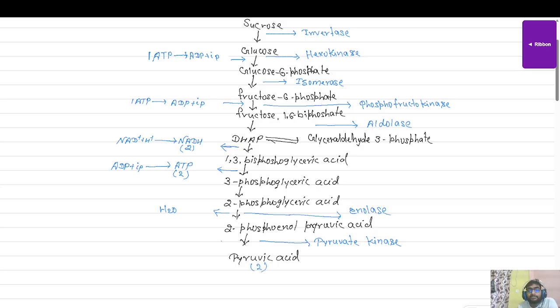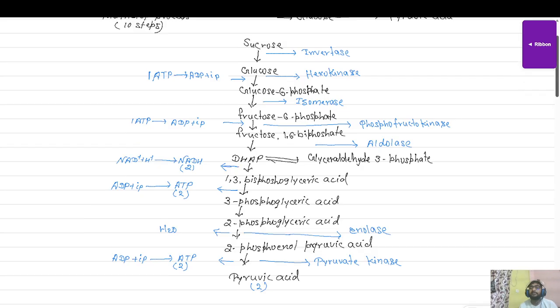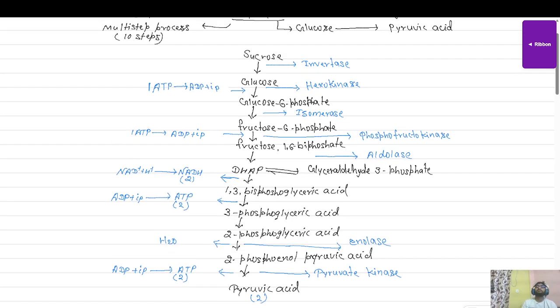And this is the process again where 2 ATP is getting synthesized, from ADP and inorganic phosphate. Further, 2 ATP is getting synthesized. This is how we can keep in mind how many ATPs are getting synthesized and in what step.